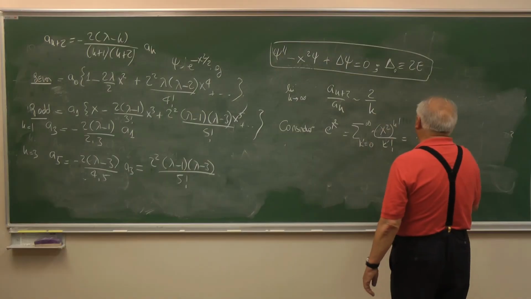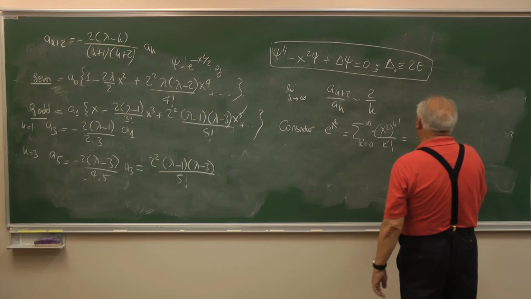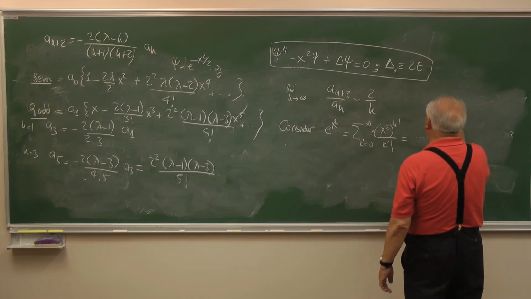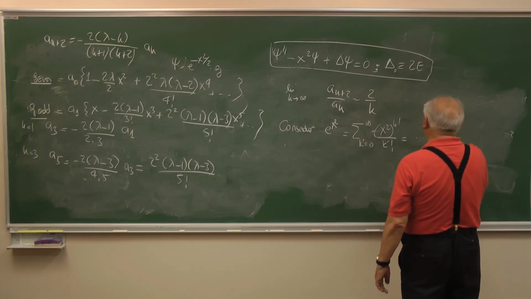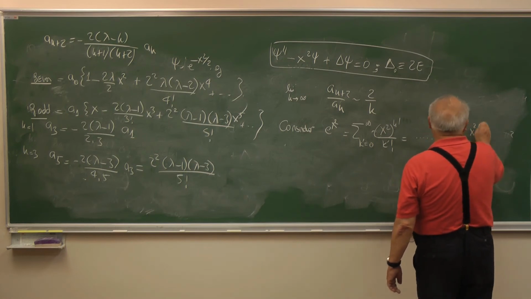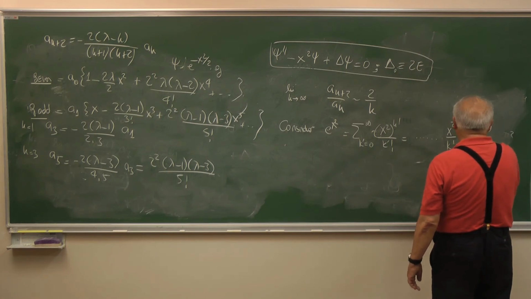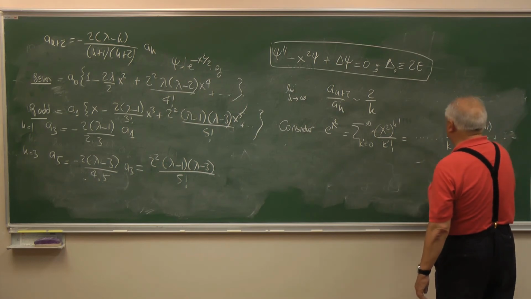Let's take k prime equal to k at some stage. So I have x to the 2k over k factorial plus x to the 2 times k plus 1 over k plus 1 factorial plus etc.